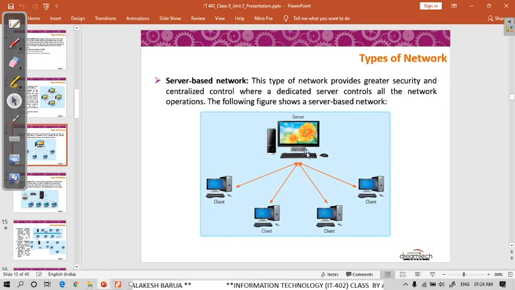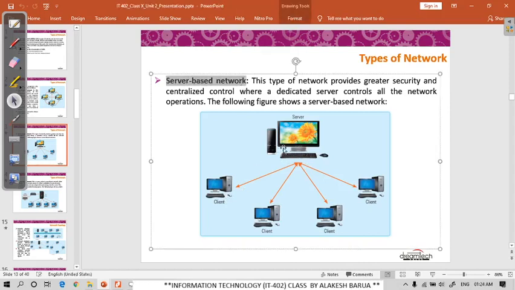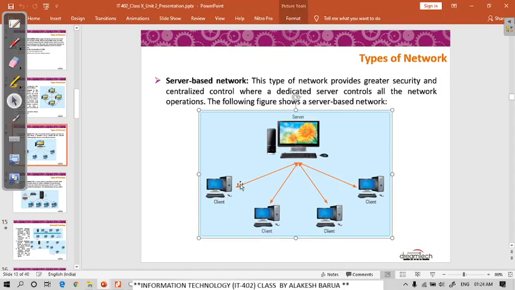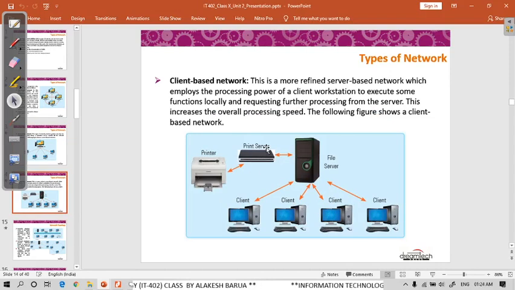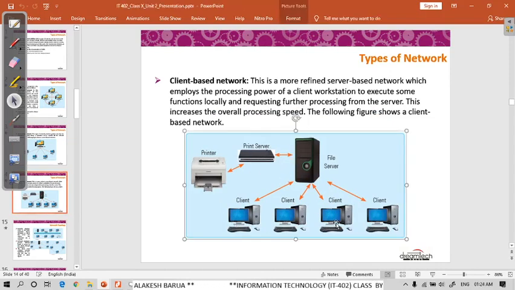For example, in the computer lab, the network is a server-based network. So if I install a program here, then that program also gets installed in all the other clients. Got it? But in a client-based network, there are individual standalone clients. So these clients are independent PCs, independent computers, which are connected to a server, which can serve files and folders.